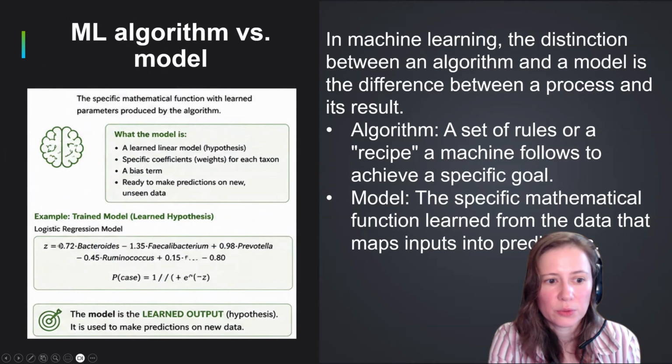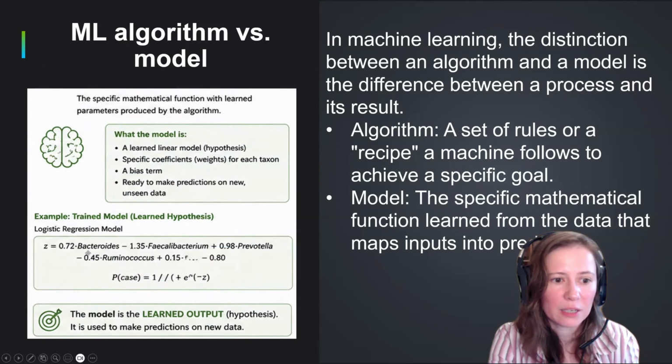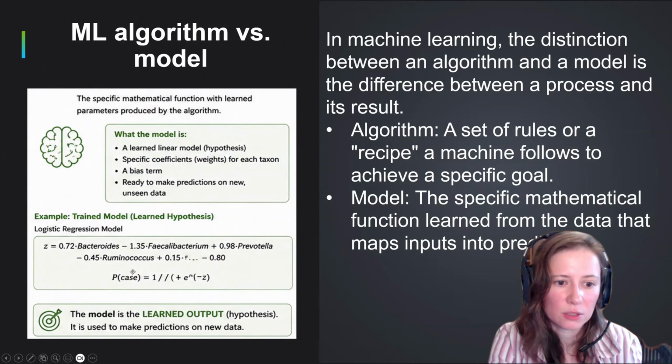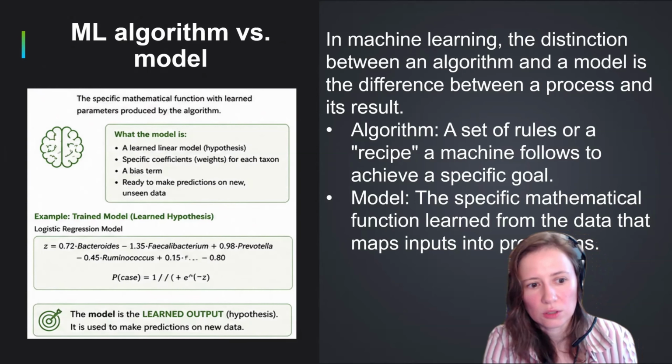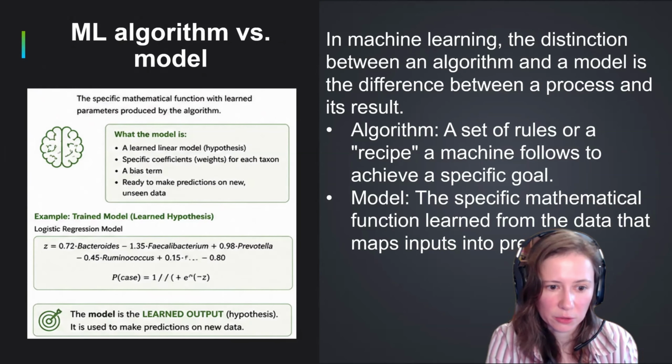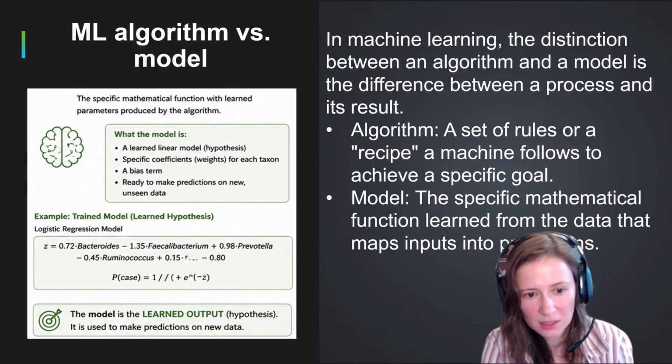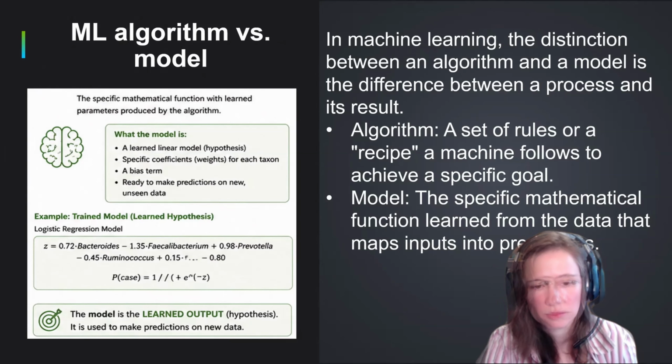It can, for example, learn in this hypothetical example that these floating point numbers multiplied by these taxa abundances will give a probability of a patient or a participant of a case control study cohort will be a case or a control, right? So that's what the algorithm achieved. It created this mathematical model, this machine learning model that can now make predictions for you.